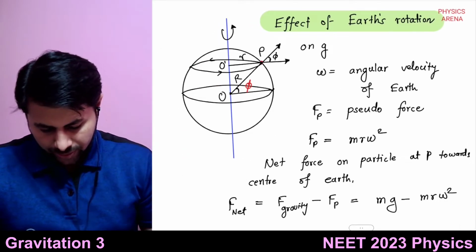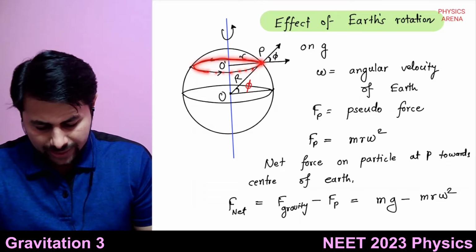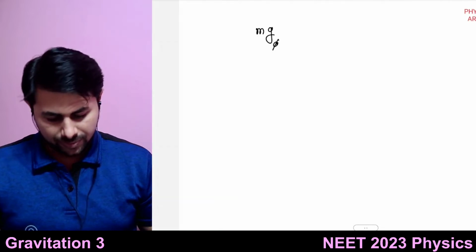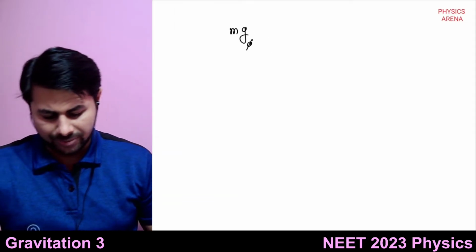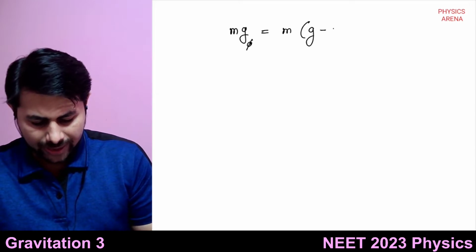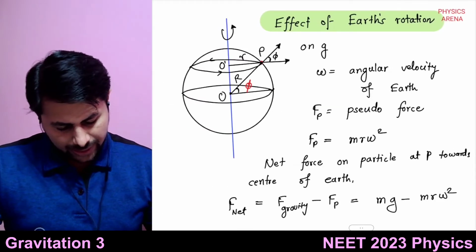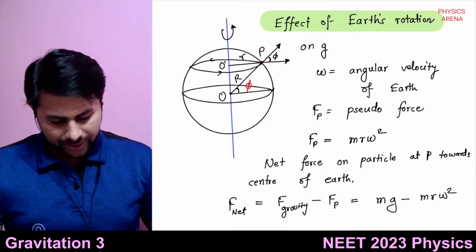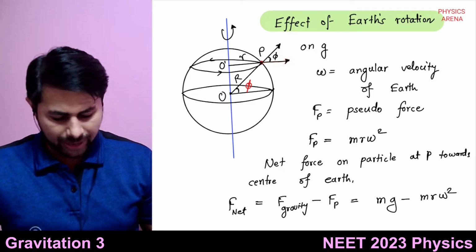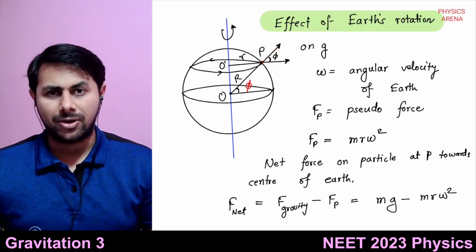It's not only for this person; every particle or everything at that latitude will feel the same value of acceleration due to gravity. So m g phi is equal to m multiplied by g minus r omega square. The component in this direction: this force is m r omega square, so the component in this direction will be m r omega square multiplied by cos phi.